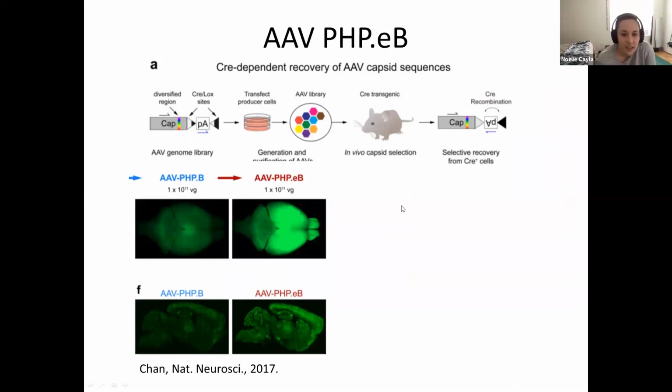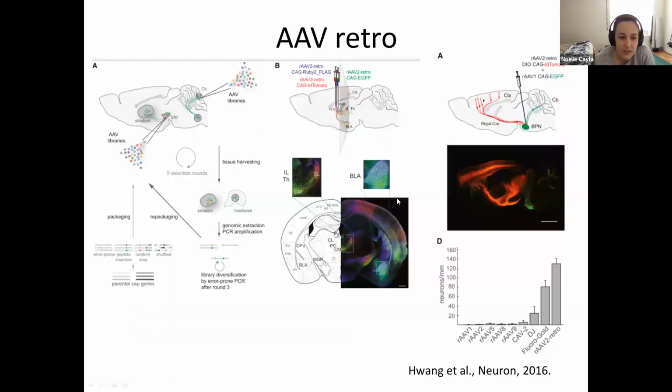Anita? Yes. How did they, either in this case or in general, check the injection site with those retro AAV to be sure that they injected where they thought they were injecting? For viruses, it's mostly done by needle track. I don't think they co-injected a dye, at least in this case. So you would probably just check for your needle track.